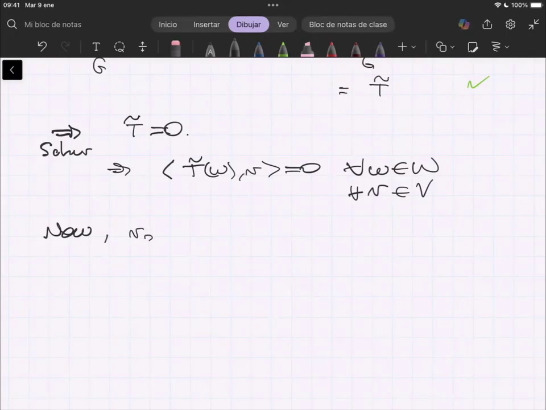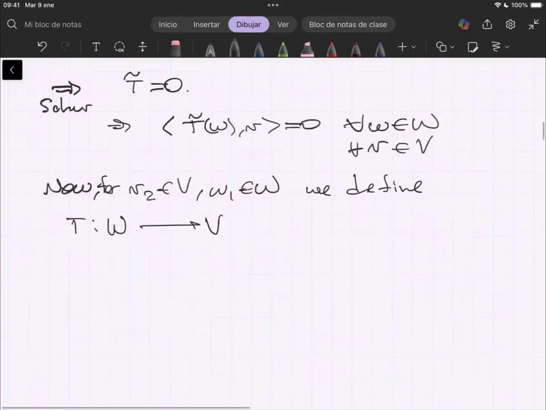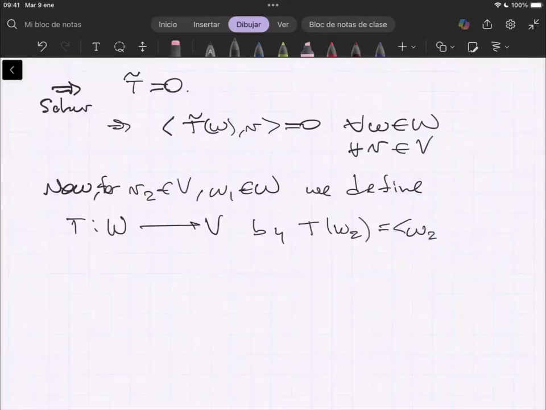So let's take a v2 in V and a w1 in W. For these, we define the linear map T that goes from W to V by T of some w2 is the inner product of w2 with w1, multiplied by v2.